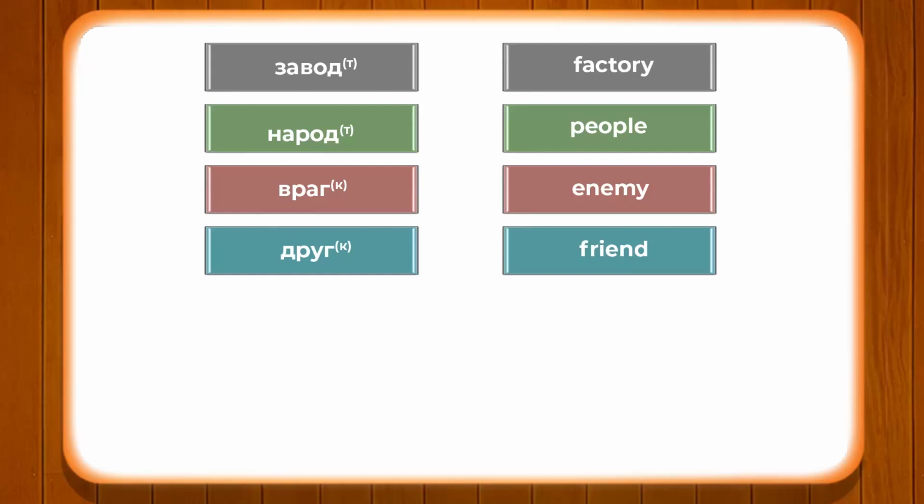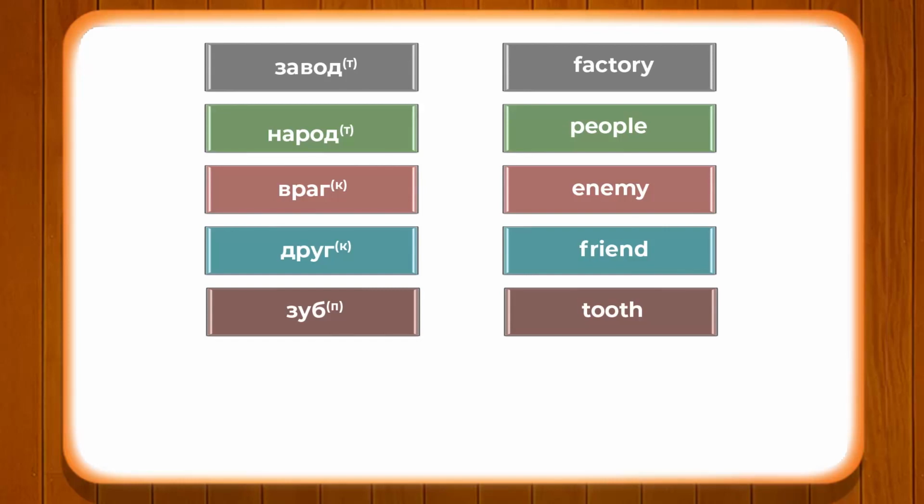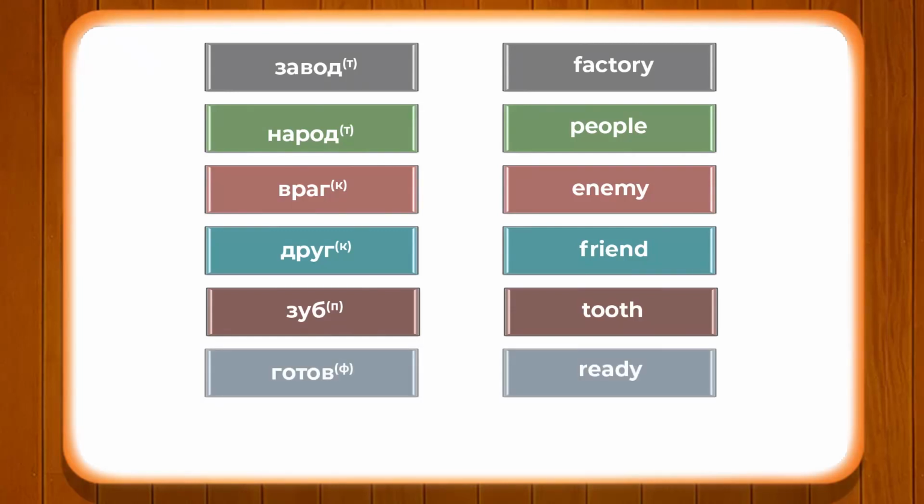Now, we are going to discuss the sound of be changing into pe: zub, zub. Then the sound of ve changing into f: gotov, gotov. So, the sound of f is coming. Likewise, the sound of z is changing into s. How?